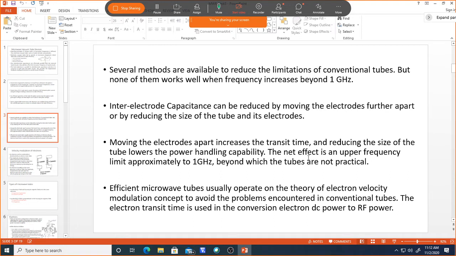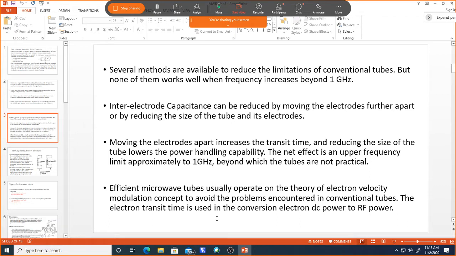So the net effect is that it pushes the frequency to the higher side, but practically it is not possible to increase the distance between the electrodes. So this is one of the problems. This method can be used to generate high power signals, but it is practically very difficult.